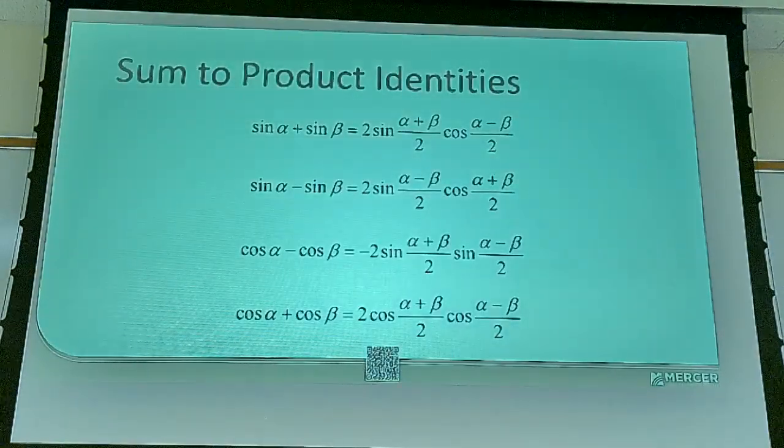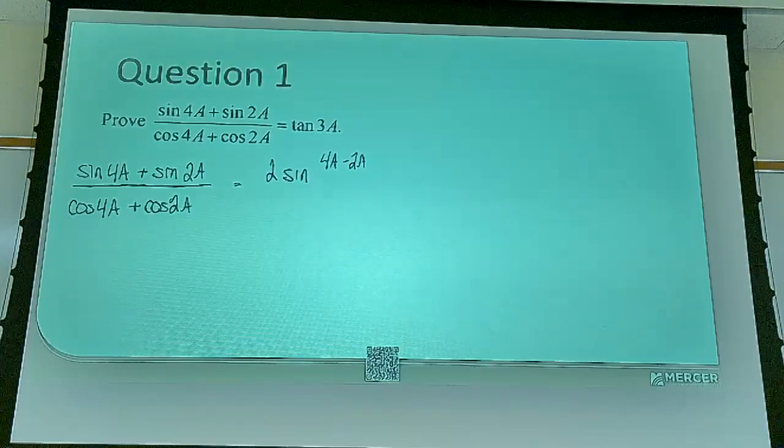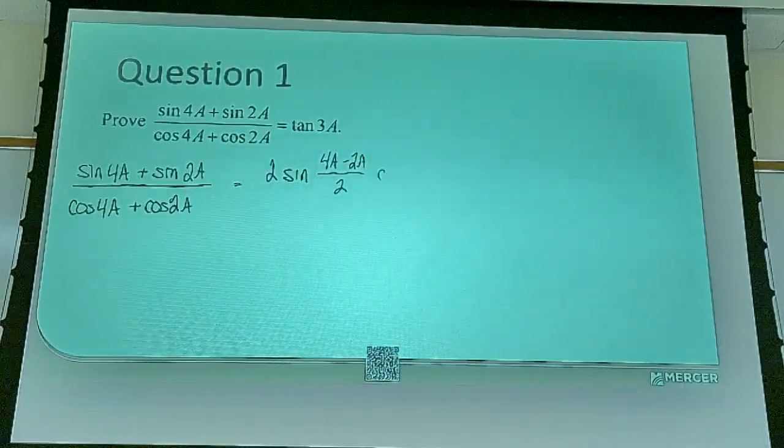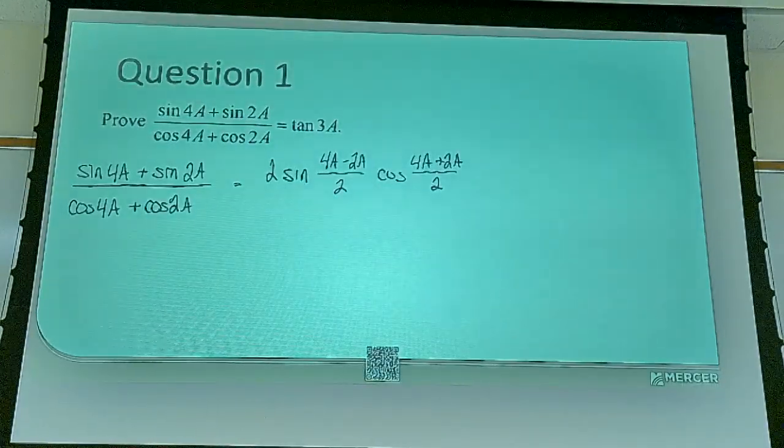You have the sine sum to product and the cosine sum to product. Twice sine of 4a minus 2a over 2, and then times cosine of 4a plus 2a over 2. That's the numerator.